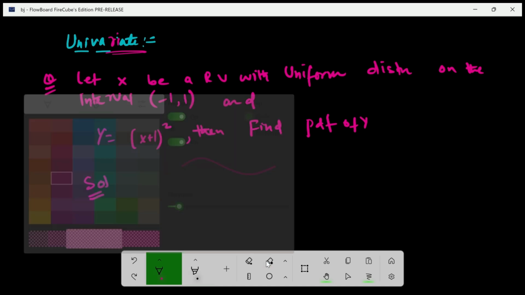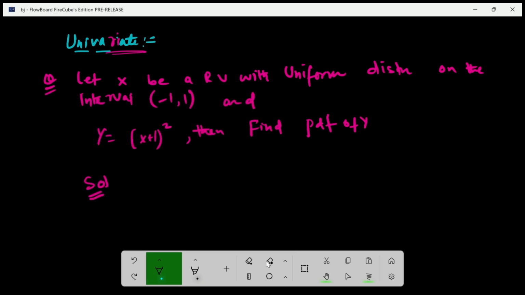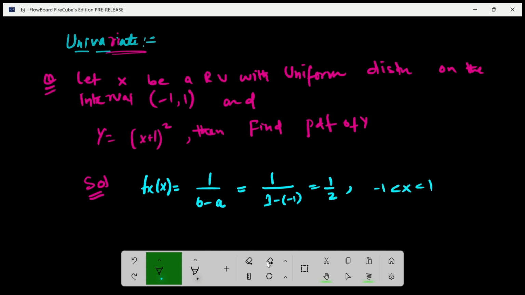So its solution will be something like this; this question was asked on the basis of transformation. So f of x, that is 1/(b minus a), that is equal to 1/(1 minus -1), so this is equal to 1/2, where x is between -1 to 1, and y is equal to (x plus 1) whole square.